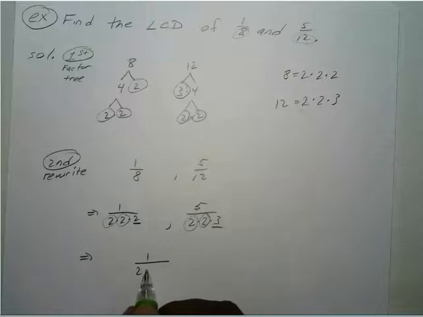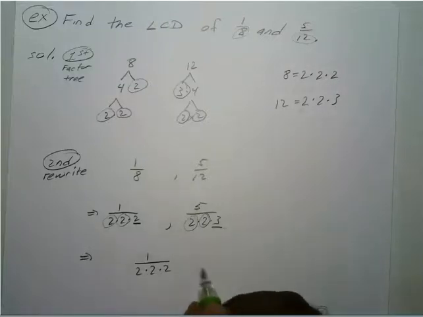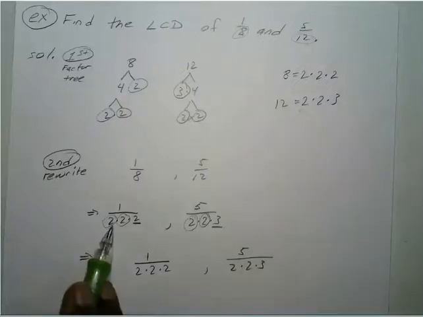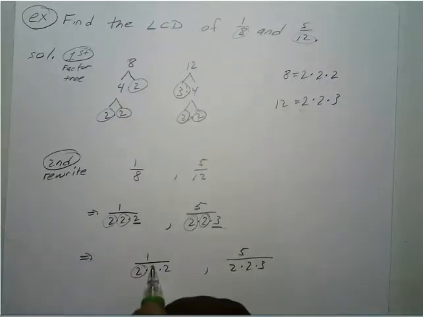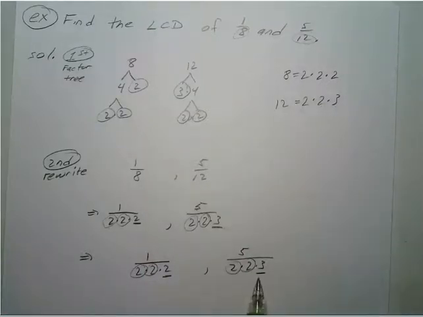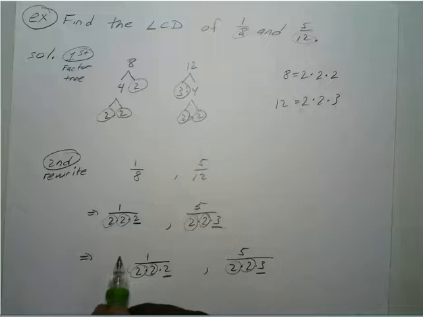So we have 1 over 2 times 2 times 2, and 5 over 2 times 2 times 3. I'm just rewriting what we have here. Since there's no 3 over here, you multiply this one by 3 over 3.